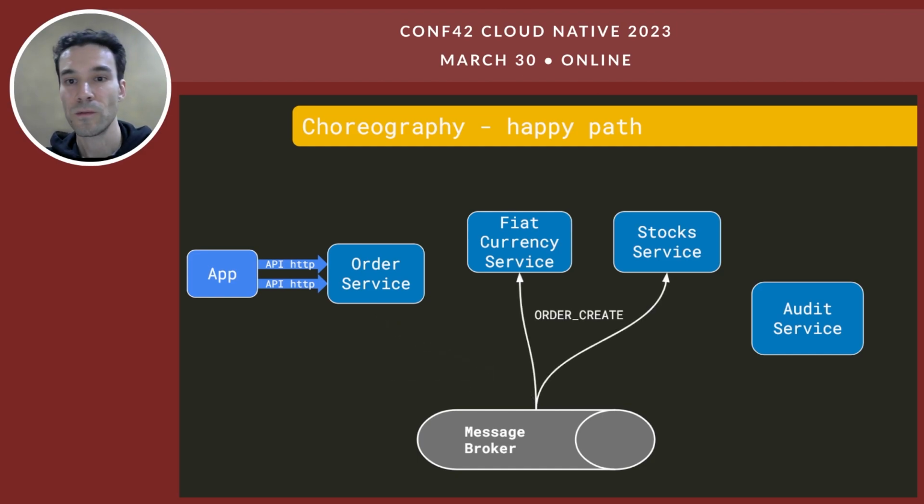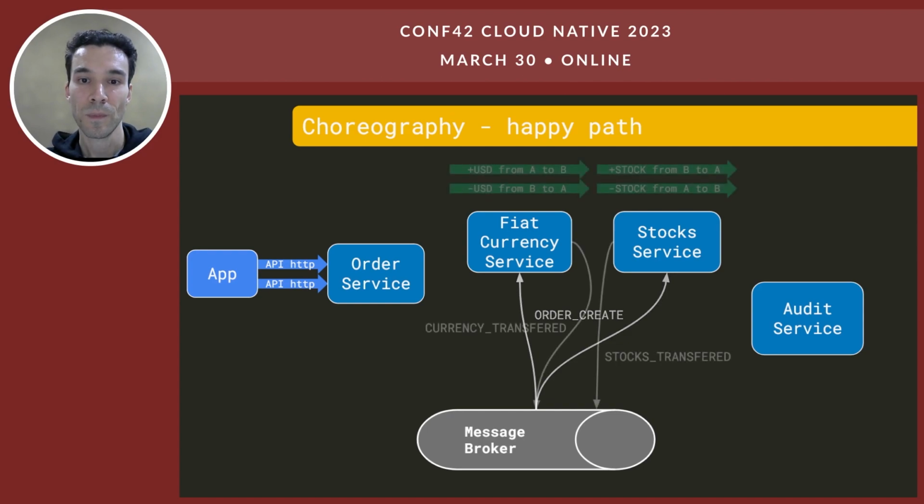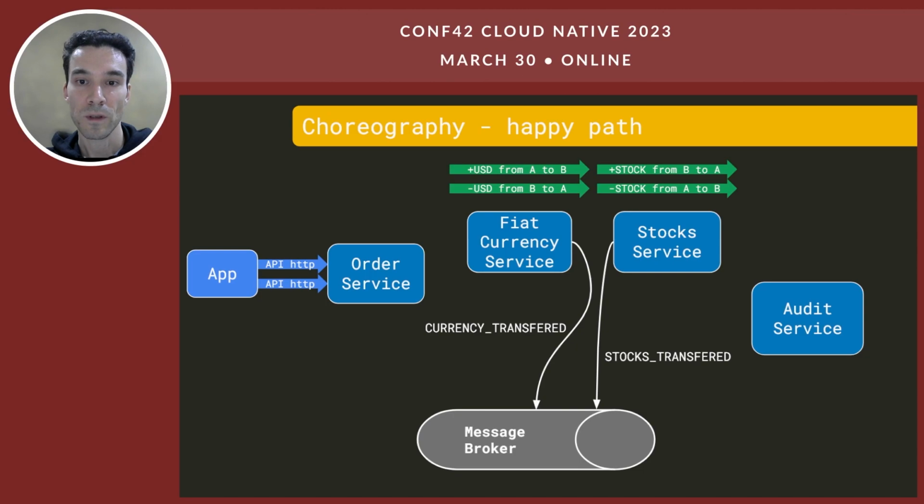We have two listeners for the order create event, and they start processing it. When everything is good, all microservices process the operation. They do their corresponding transactions, and each of the services creates an event of its own, for example, currency transferred and stocks transferred events, and sends them to the message broker.